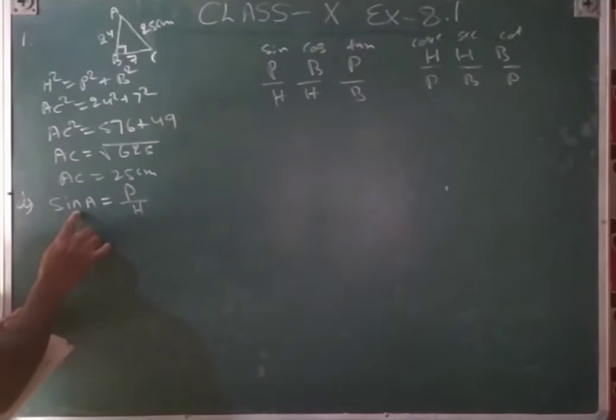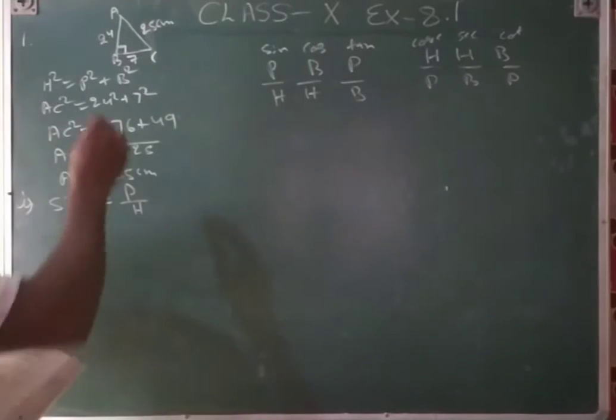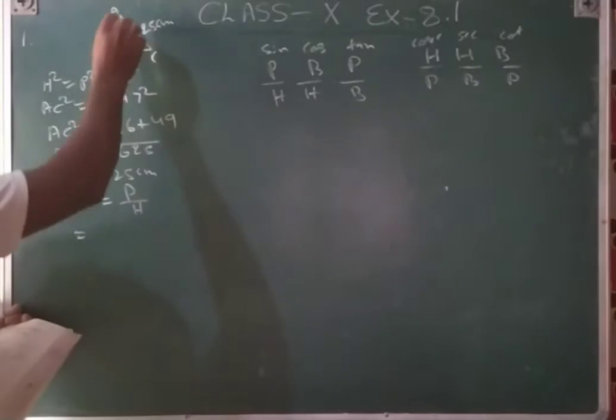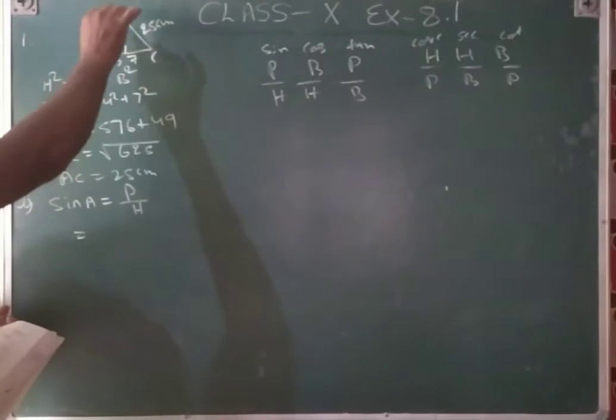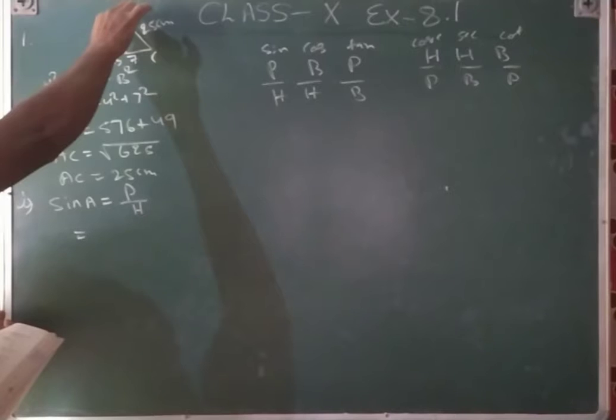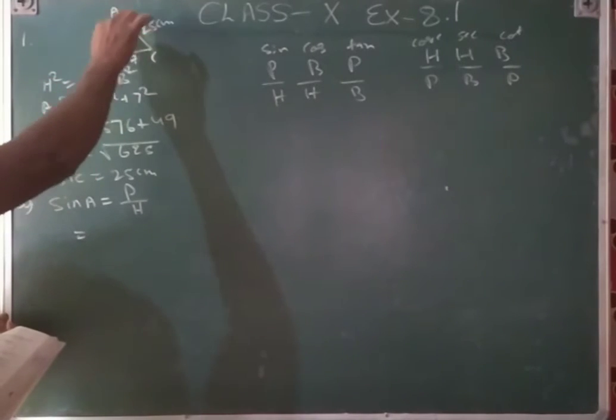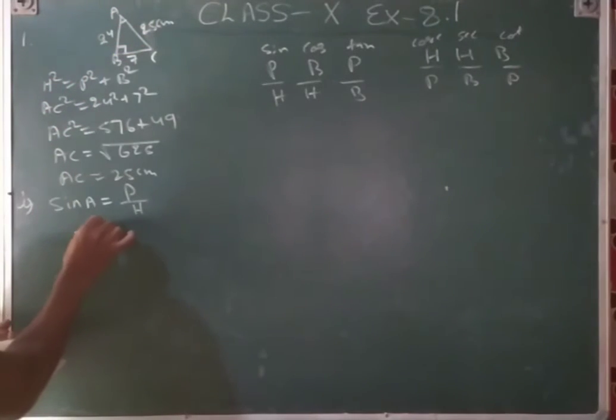And then sin A. What is angle A? This is the angle. We are looking at this angle, angle A. So the perpendicular will be just opposite of this angle, that is 7.